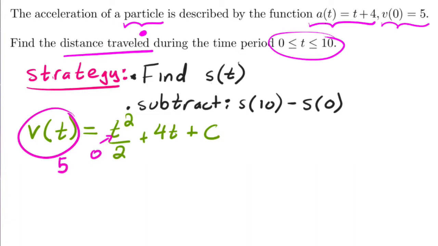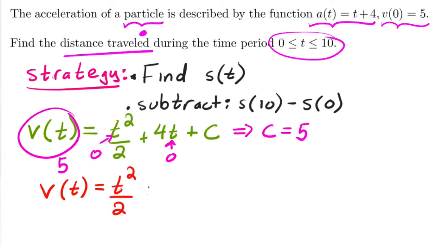So all I need to do is plug in 0 for t and 5 for the velocity, and this gives me that c is equal to 5. So the velocity function is equal to t squared over 2 plus 4t plus 5.